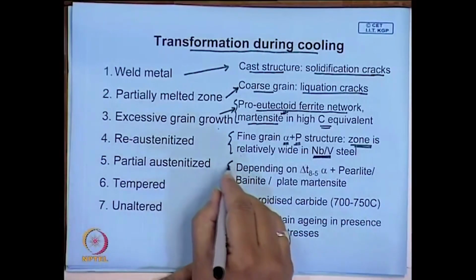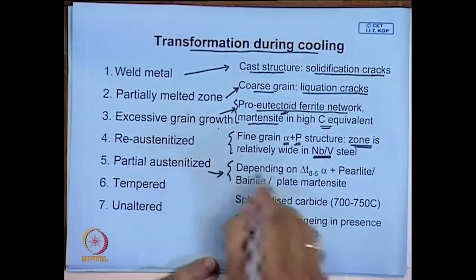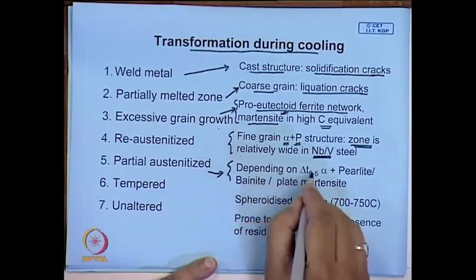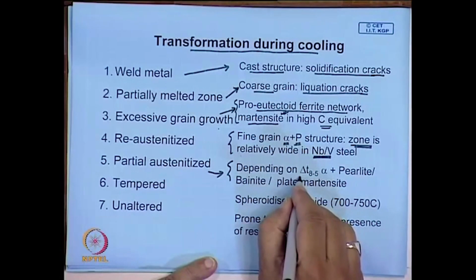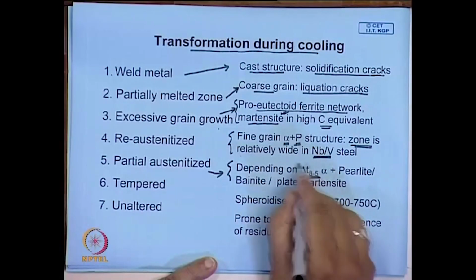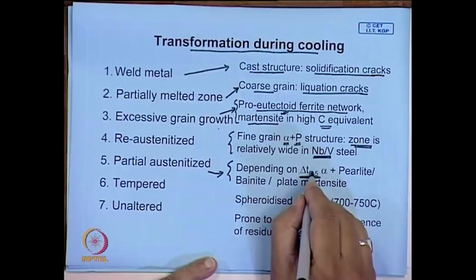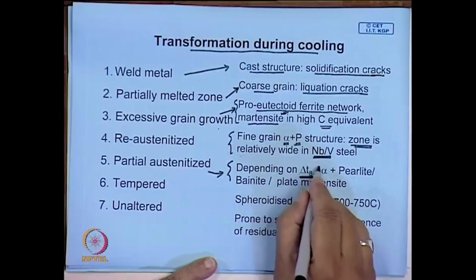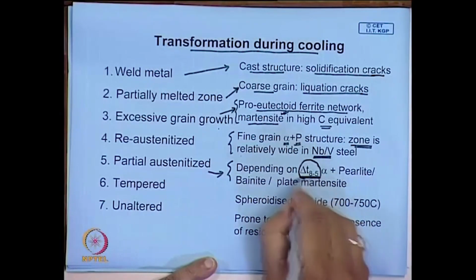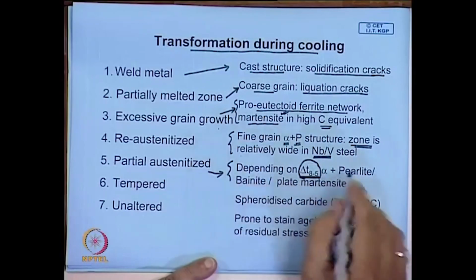Then we have a partially austenitized region, and here the structure that forms depends on the cooling rate, and we will talk about this temperature. What is this? Delta T, the time it takes to cool through 800 to 500 degree centigrade. This is an important parameter people often talk about in welding. We will learn about it a little later.